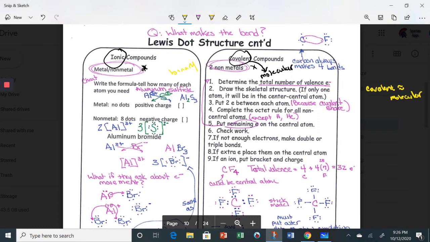One part of the polyatomic has covalent bonds. So if you do a polyatomic, you're actually over in this area first, and then you do these two together because you make an ion.